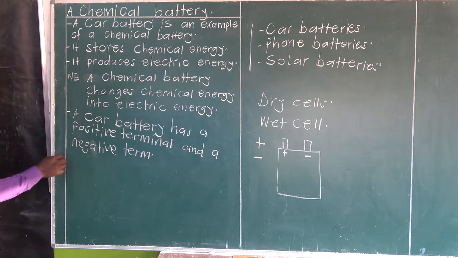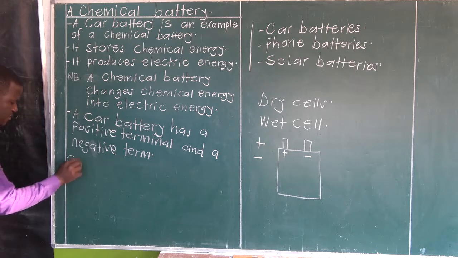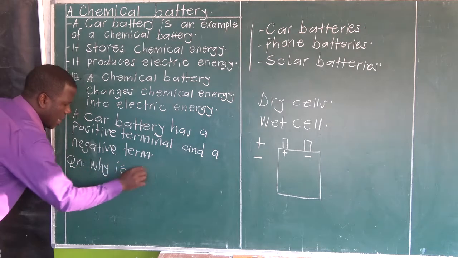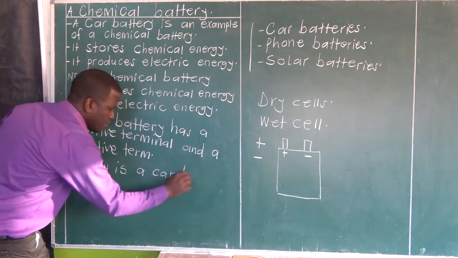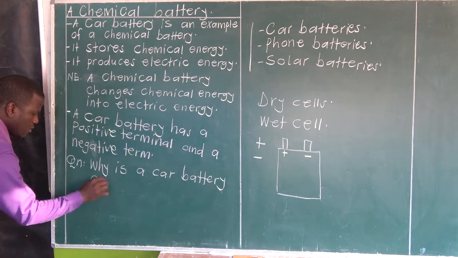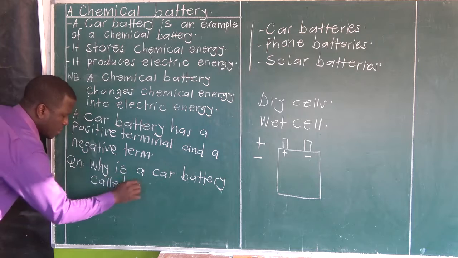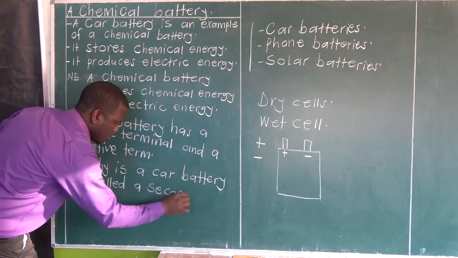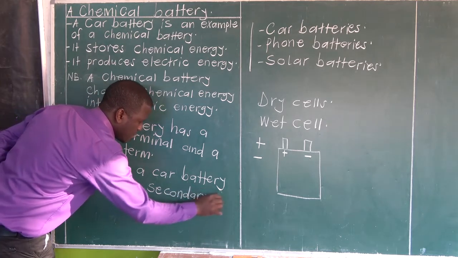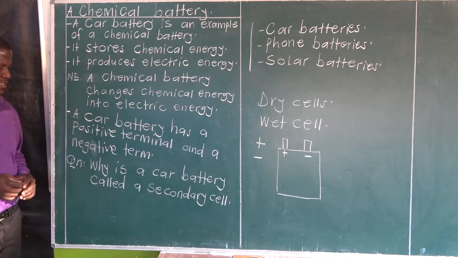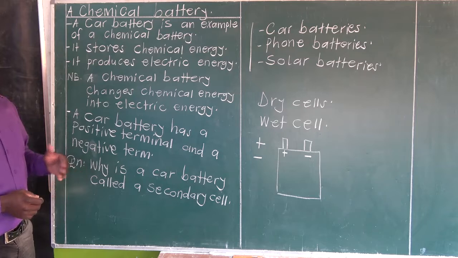Then maybe a question you need to ask yourself is, why is a car battery called a secondary cell? A car battery is called a secondary cell because it can be recharged.